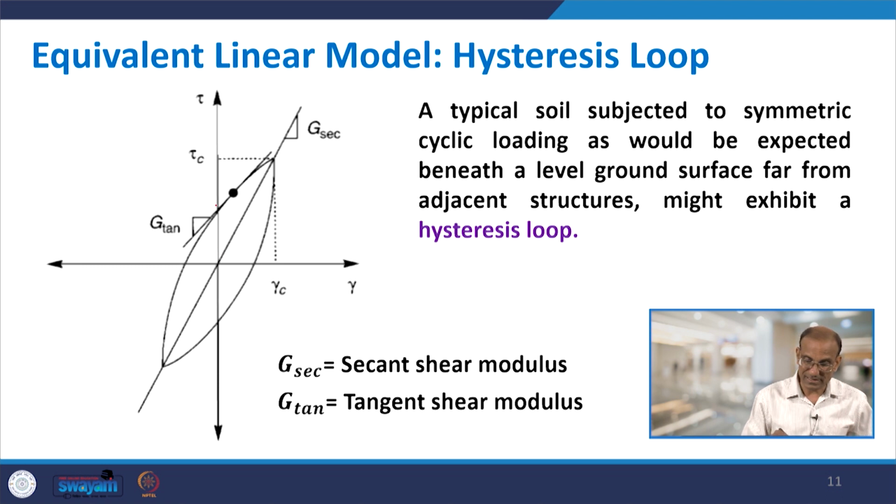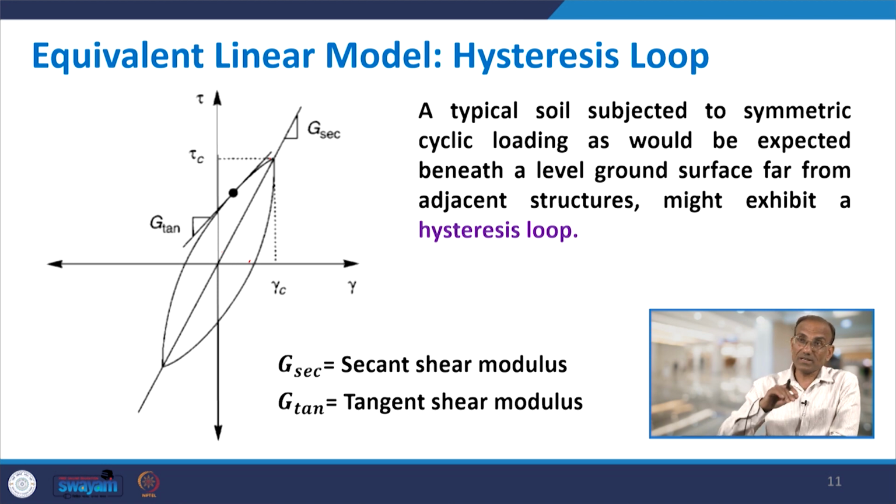What happens is that loading starts from here, reaches this point, and after this point it comes here. The point is that when the loading becomes 0, meaning there is no shear stress, the shear strain is still not 0.